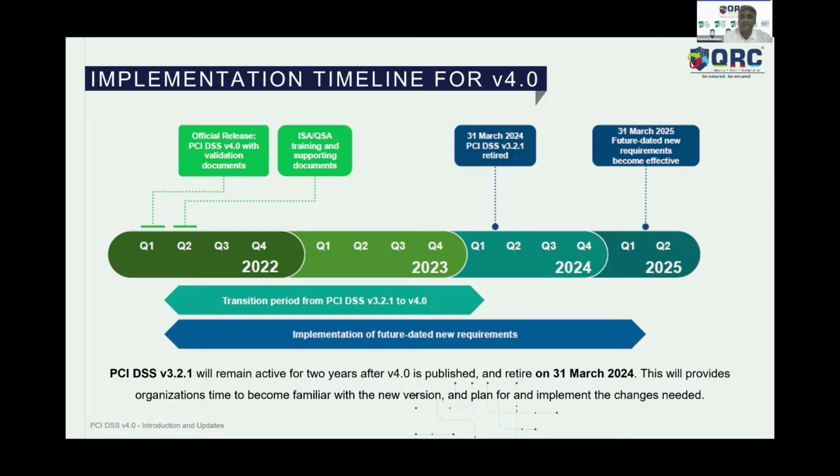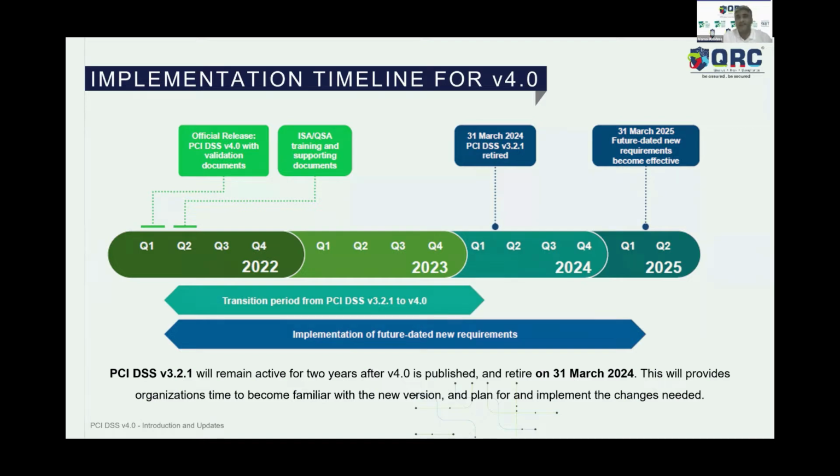For the transition period from 3.2.1 to 4.0, every organization gets a minimum of 2 years. If you look at the slide, you can see that on 31st March 2024, 3.2.1 will be retired. After 31st March 2024, any assessment an organization goes for will be based on 4.0 only.